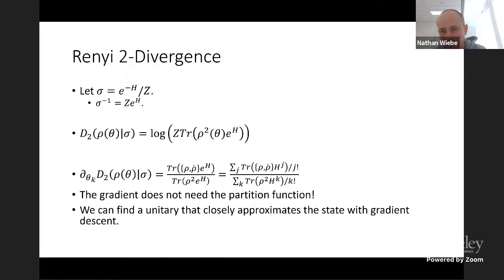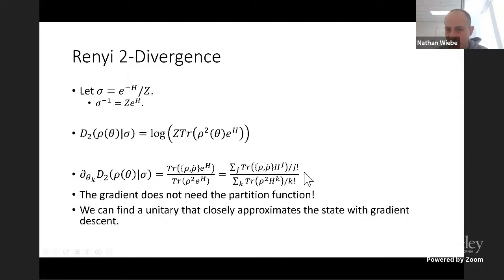Furthermore, for the case of the Gibbs state, you're told what the Hamiltonian is to begin with. So what you can do is take the expression for the derivative, and I skipped a bunch of steps over here, trust me, this is the derivative of the Rényi divergence. Then these exponentials of the Hamiltonian, we can Taylor expand out to an arbitrary order.